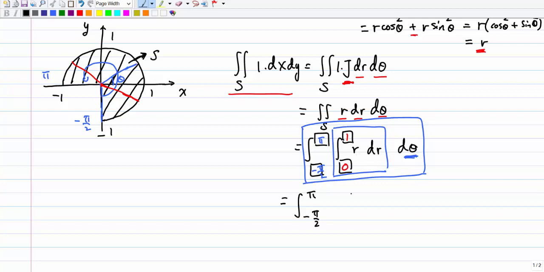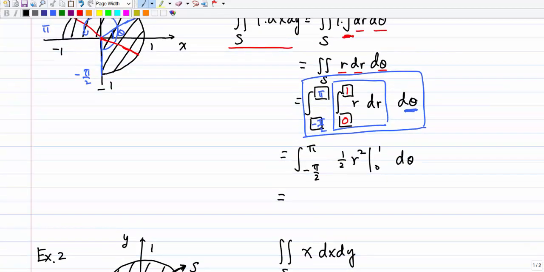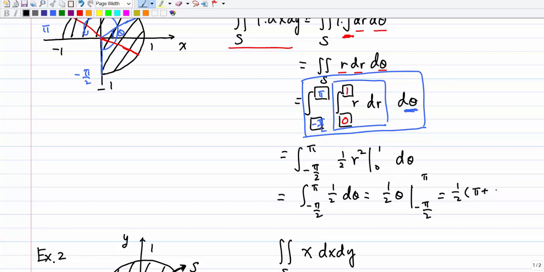The integral of r dr is one half r squared from 0 to 1, which is one half times 1 squared minus one half times 0 squared, which is one half. So this is the integral from negative pi over 2 to pi of one half d theta, which is one half theta. Evaluating, one half times pi minus negative pi over 2 gives 3 pi over 4.